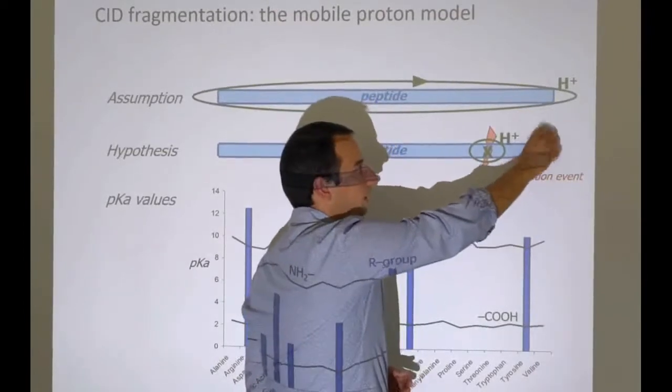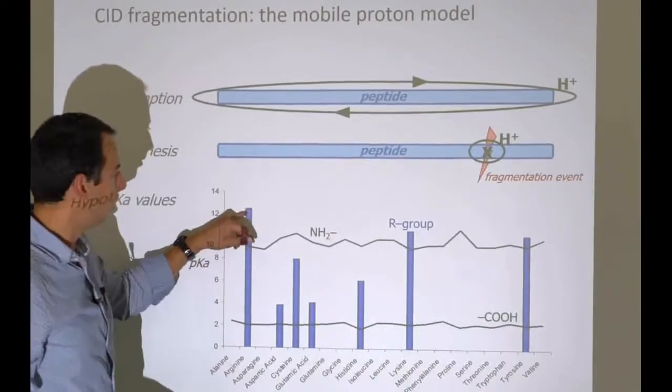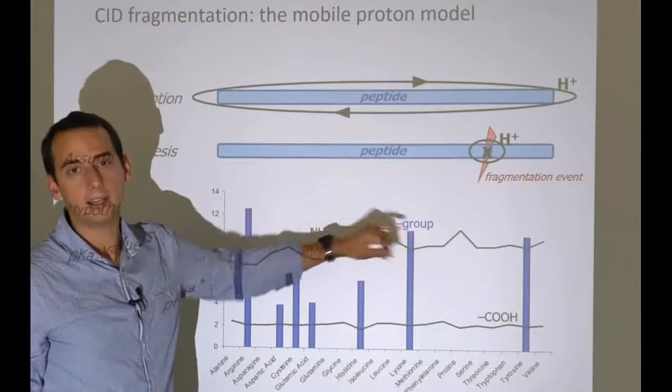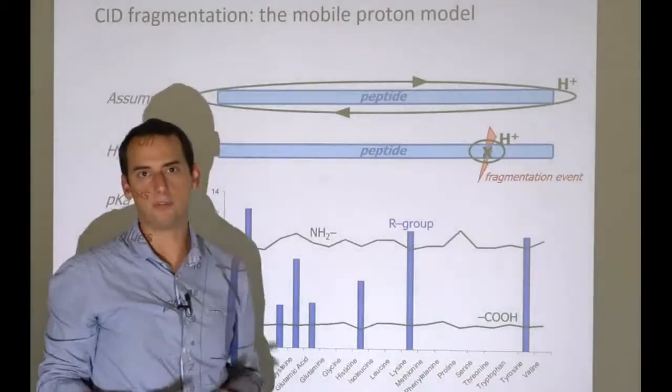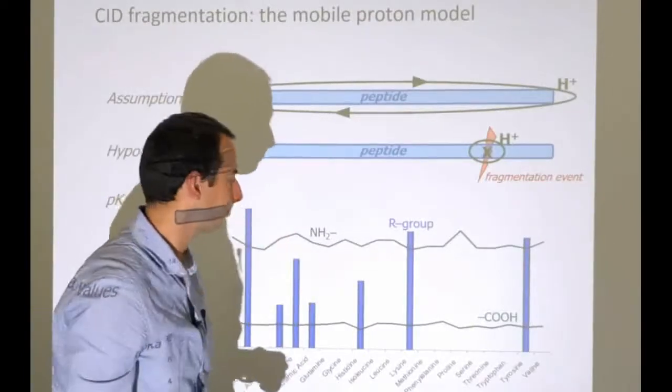If there's an arginine here, the proton will be very strongly localized there. Remember, arginine is about 2 units of pKa higher than lysine, which is in fact 100-fold more basic. So 100-fold better location for a proton.